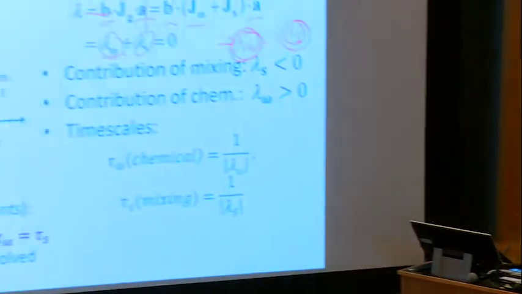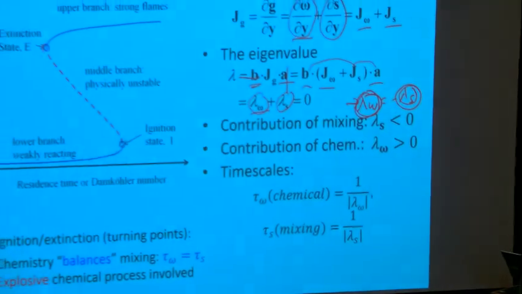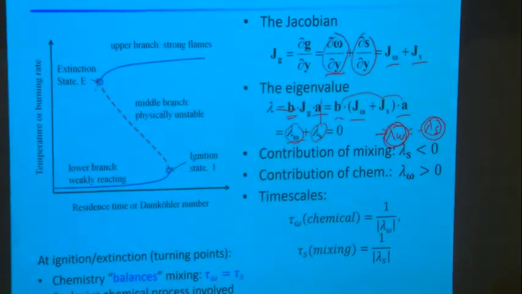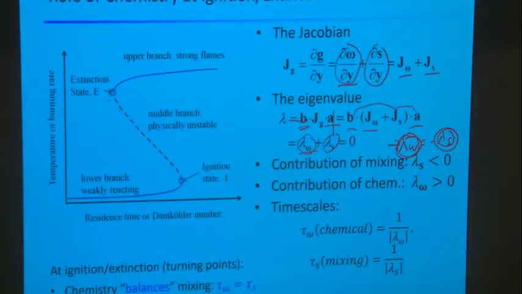It can explode, and once it becomes explosive, it's difficult to handle because it's so fast, right? And this tells you that across this turning point, the mixture becomes explosive because it shows a positive eigenvalue. Therefore, the necessary condition for an extinction problem is that you have an explosive mixture.